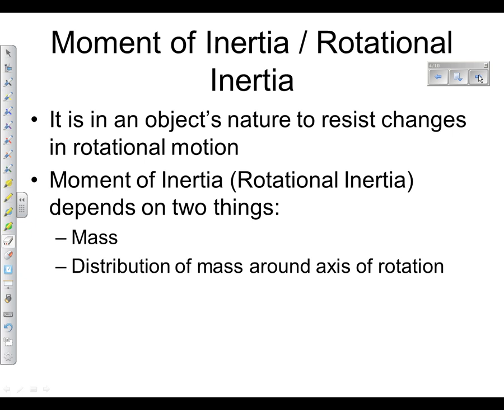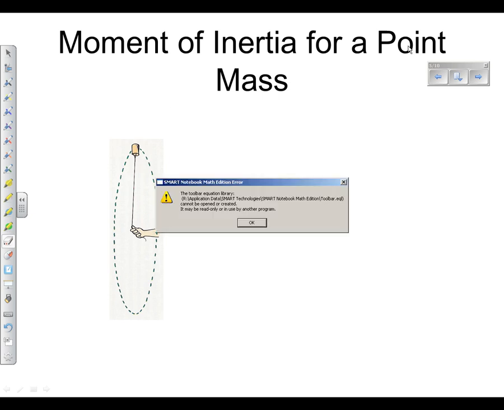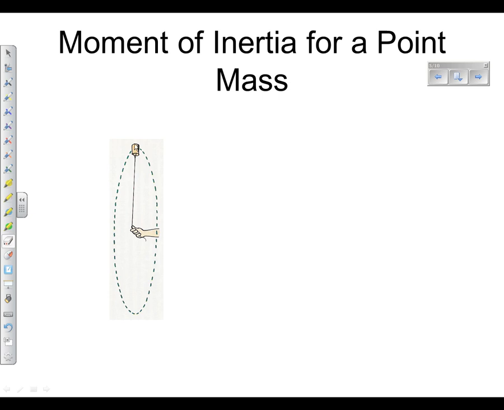So what we find out is that mathematically, we calculate the moment of inertia based on a couple of ideas. Now, this is for a point mass, just a single spot on the end of a string or something like that.